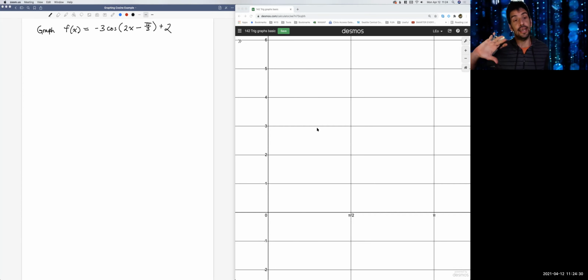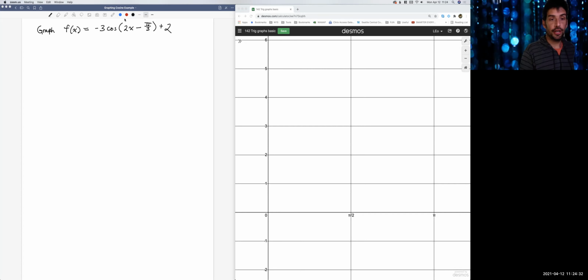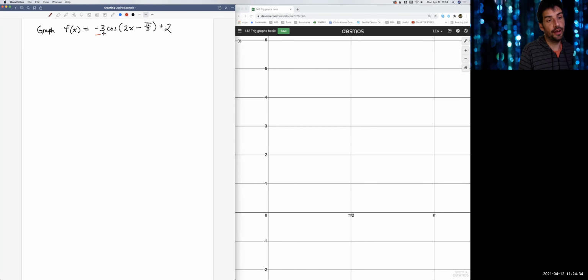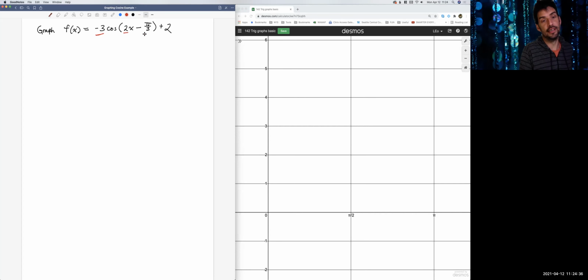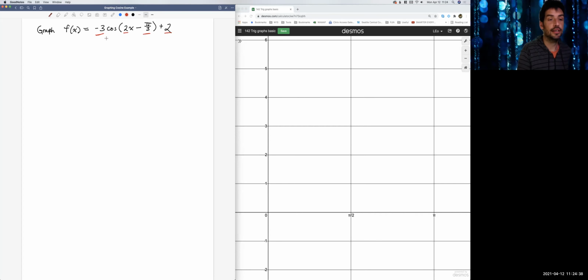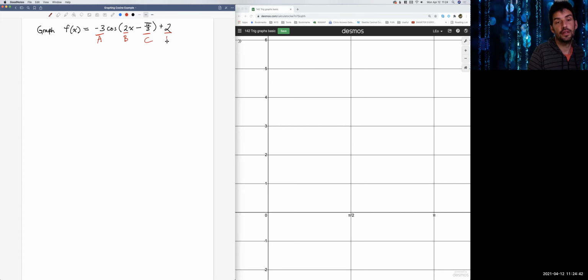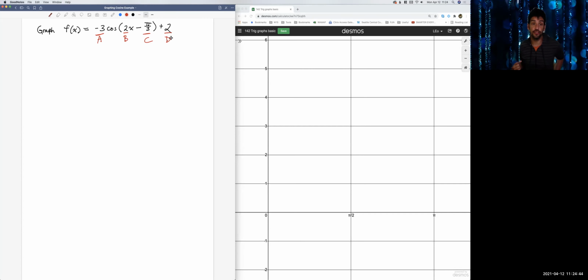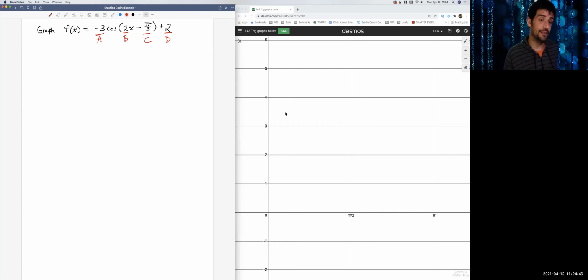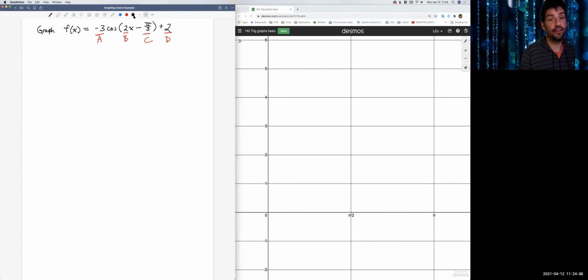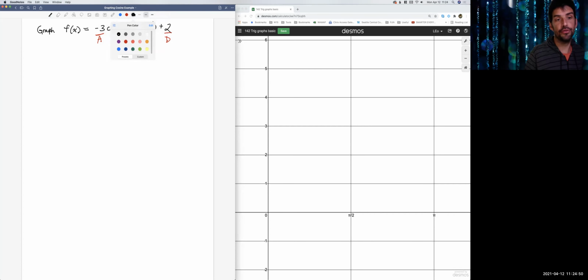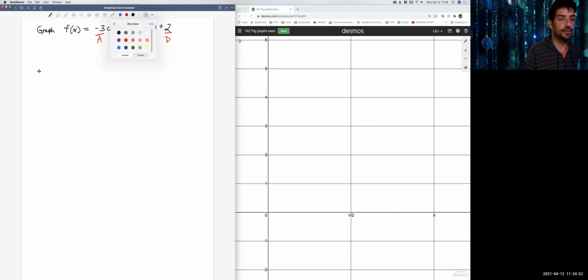We remember from the previous videos that we have all these constants in our sinusoidal function, and they each mean something different in terms of graphing. I'm just going to go through the order of how I do things to graph.